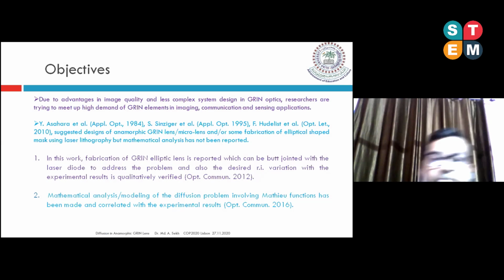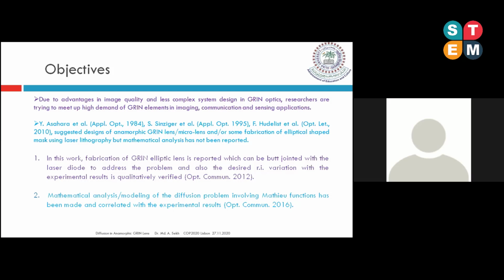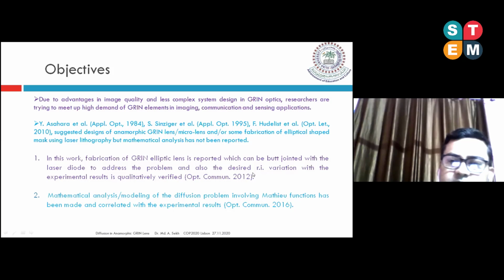So in our work, our objective is twofold. First, we have developed and fabricated this graded index system in a developed glass system. The measurement of the refractive index profile and the fabrication of the sample have been done in one way, and reported and published in a paper in 2012 in Optics Communications.